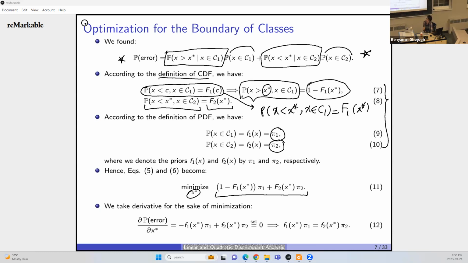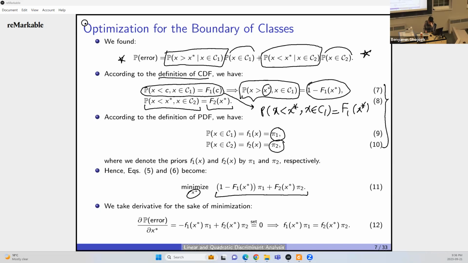If you choose this cost, the probability of error, you will end up with an algorithm which they named LDA. If you change your cost, you will end up with another algorithm. And if it is a new cost, you can name it yourself and publish it. So we will see different algorithms in machine learning in this course, each of which has some cost. We'll see. Okay. And you will believe my statement that all machine learning is optimization.